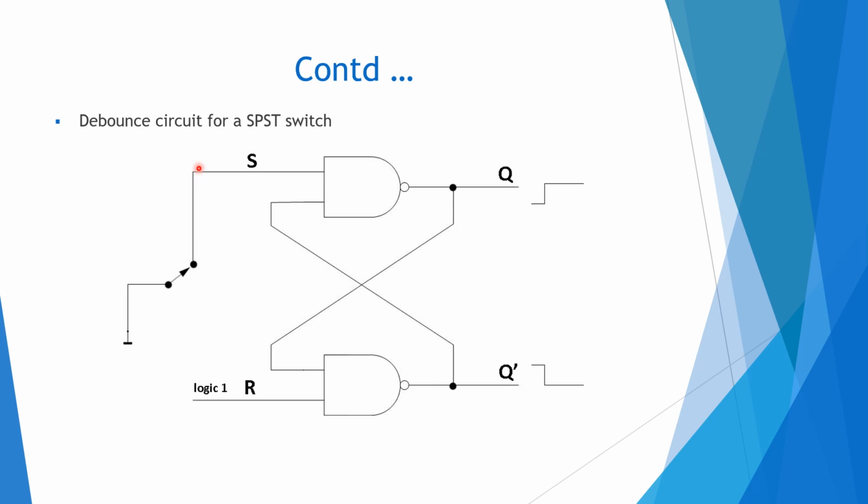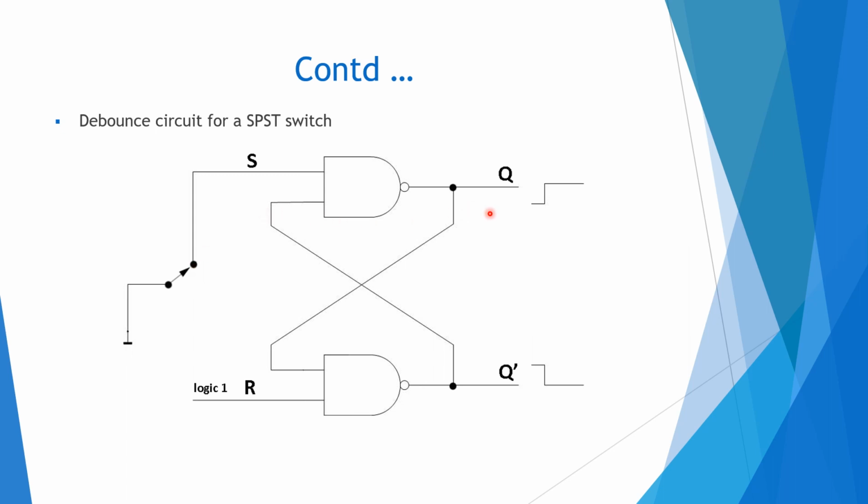So let us now see the Debounce circuit for an SPST switch. This is single pole, single throw; there is only one side. When we press the switch, it first makes contact at S for a small time.